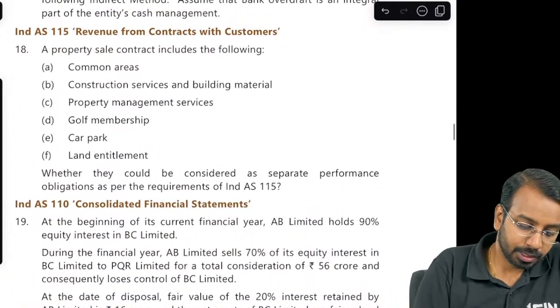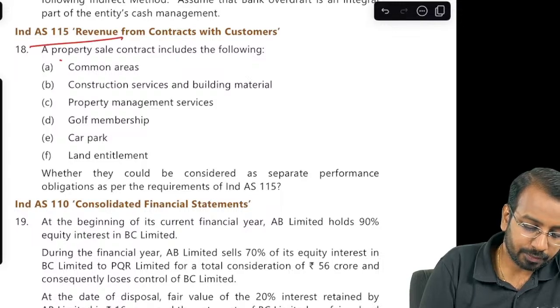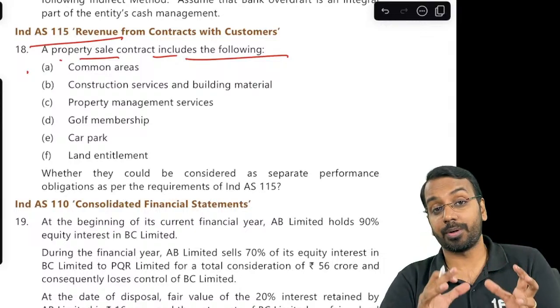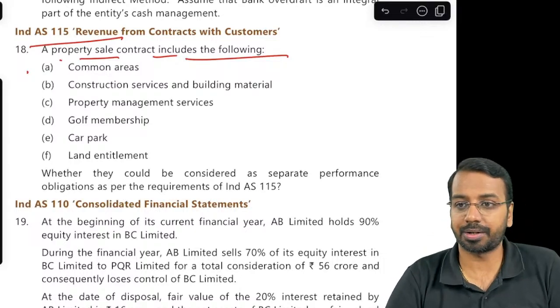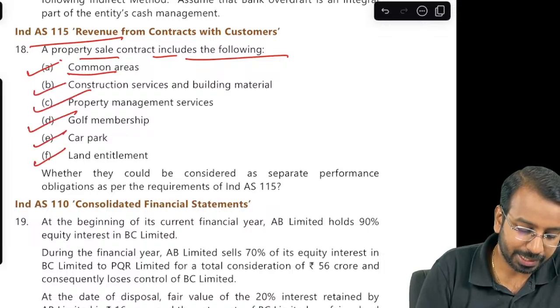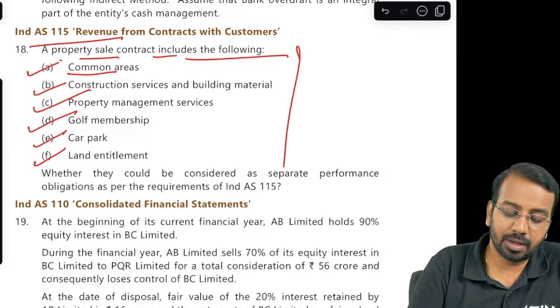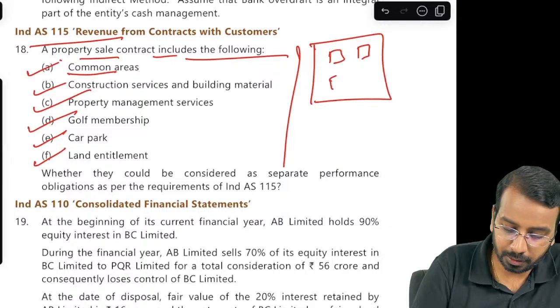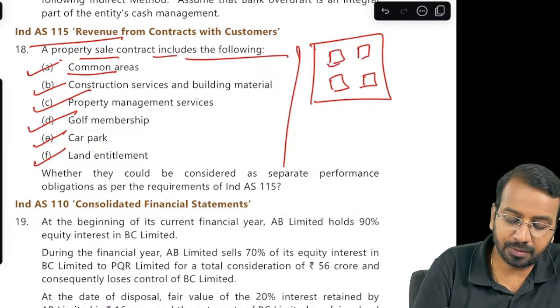Then, a property sale, Ind AS 115. The sale contract includes the following. Property sale means buying and selling of property, or a company selling a constructed property. Common areas, construction services, property management services, golf membership, car park, land entitlement. So basically, when you buy a flat in a township, let's say there are 4 blocks and there are different apartments.